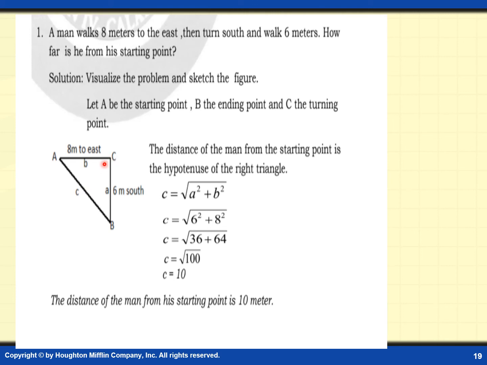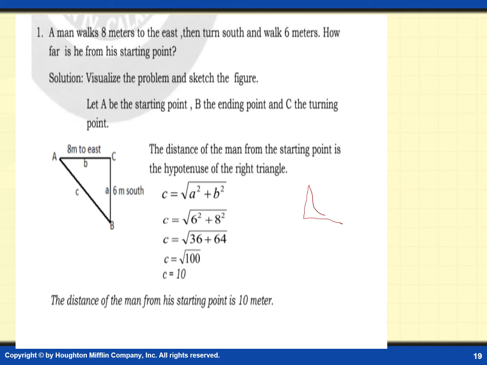Here is our right angle, which is 90 degrees. Opposite of that. Okay, so how do we get the unknown? Since we are given 8 meters from east and 6 meters from south, we use the Pythagorean theorem, the formula for the right triangle.